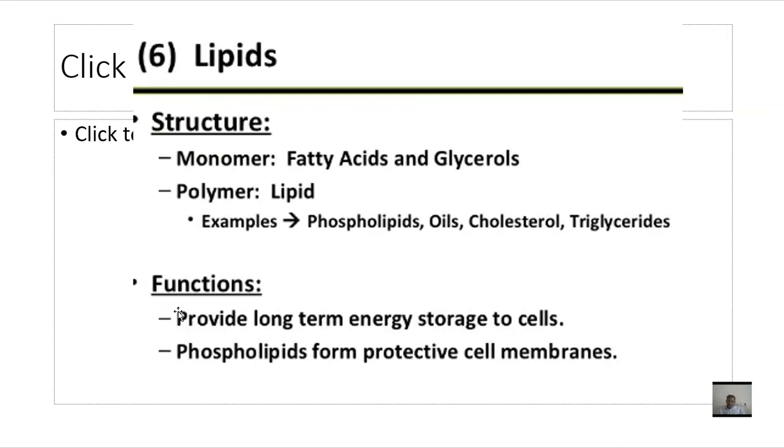What are the functions? Lipids provide long-term energy storage to cells. Phospholipids form the protective cell membrane. These are the functions of lipids.